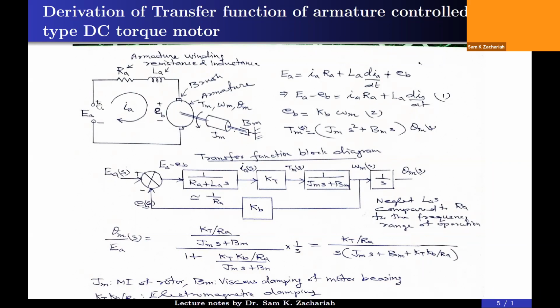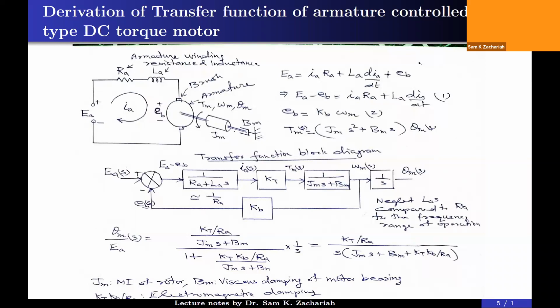So we have EA, applied armature voltage. This is the back EMF. And now let me represent the mechanical part of that. Say the rotor, the electrical part only we consider, but rotor is a rigid body which has a moment of inertia represented by Jm, and the rotor is supported on two bearings on both sides. So definitely there will be some bearing friction, but now I am considering only the linear part of that.